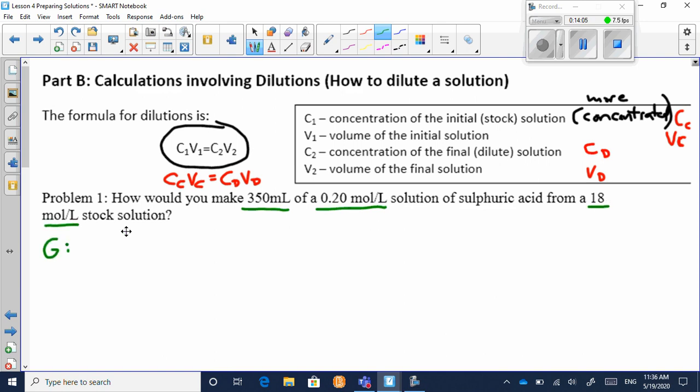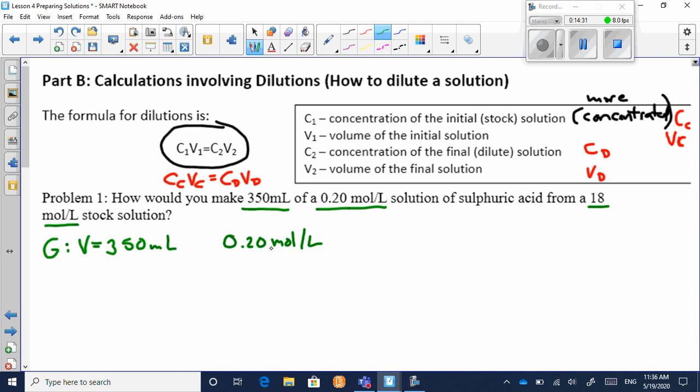So look at this. I've given 350 milliliters. Now I'm hoping you guys will recognize that that is a volume. And the way you recognize that is based on its unit. Milliliters are a unit of volume. So there we go. I know it's a volume. How would you make 350 milliliters of a 0.20 mole per liter solution?